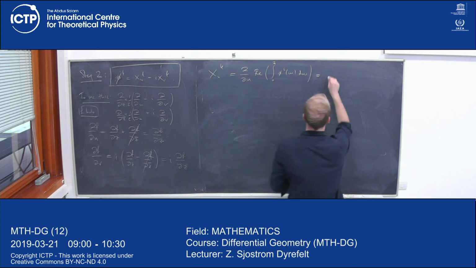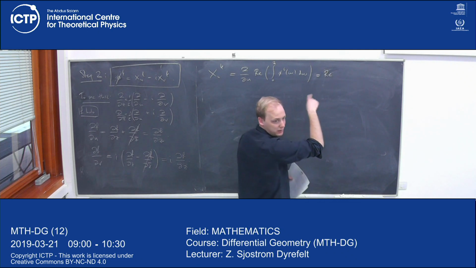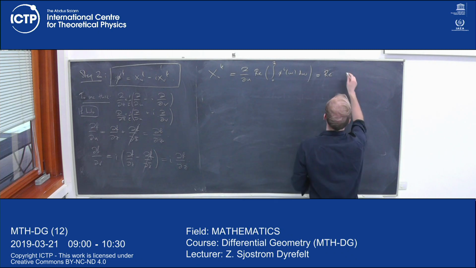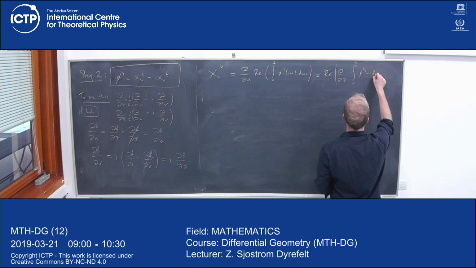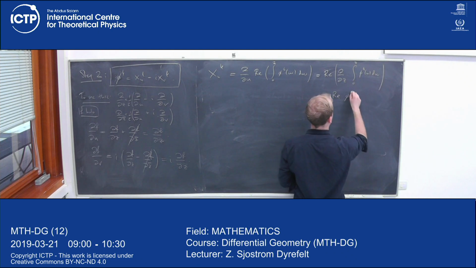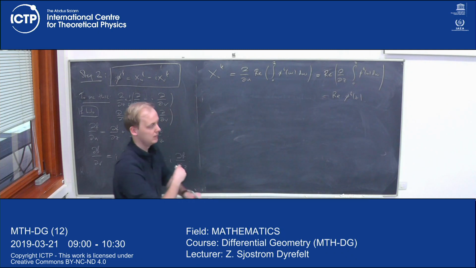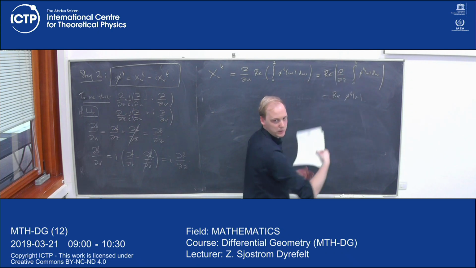But the real part and the derivative commute, okay? So it is the real part of partial z of this integral from 0 to z of phi k of w dw, and because of what I told you earlier, this just becomes the real part of phi k of z.